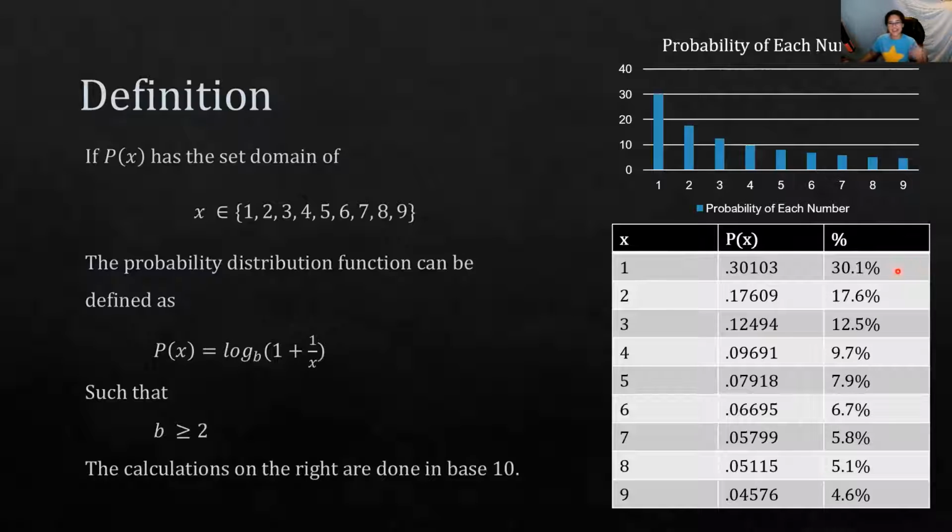And so we see that we don't have an even distribution of each number appearing. We have 30% of ones, 17% of twos, 12.5% of threes, and so on and so forth till we get to 4.6% of nines.